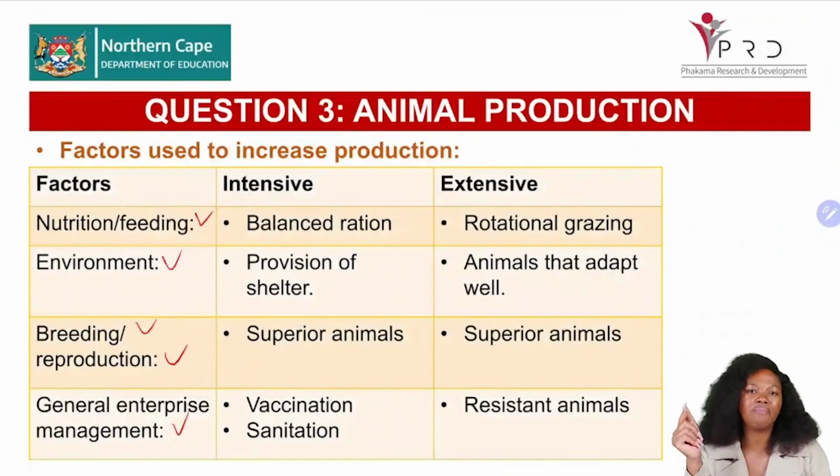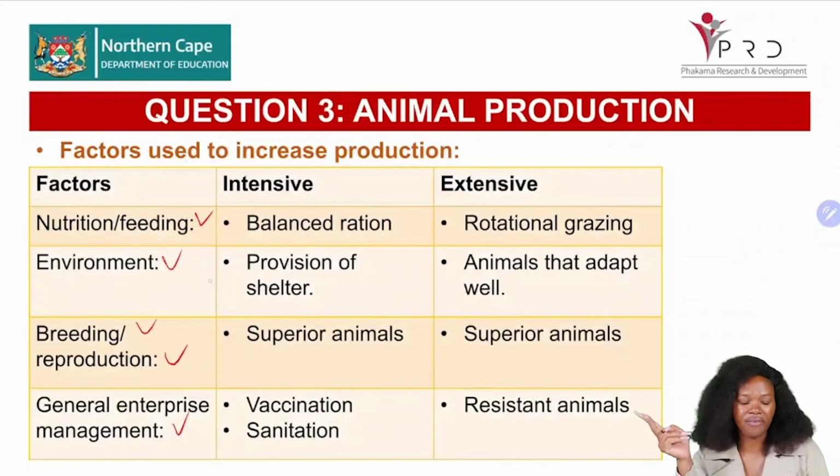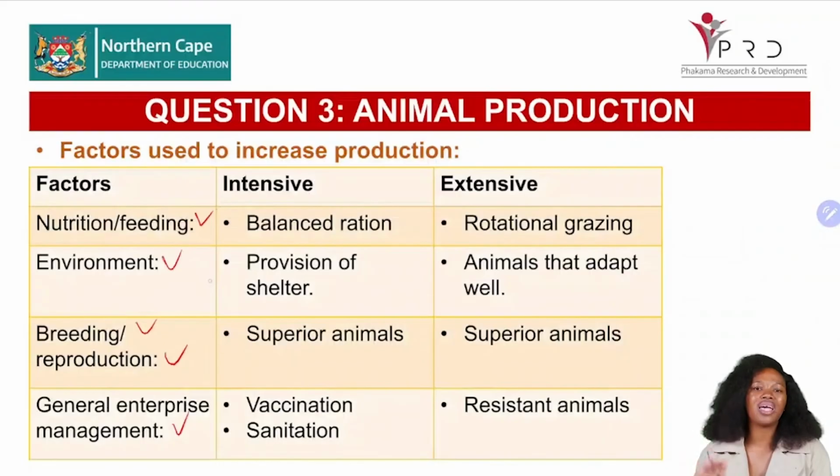You want to maximize production. These factors should be applied on both production systems, extensive and intensive. Now, how do we apply nutrition to maximize or optimize production under intensive?